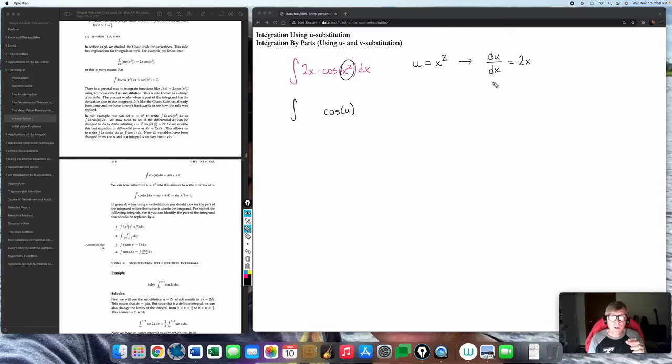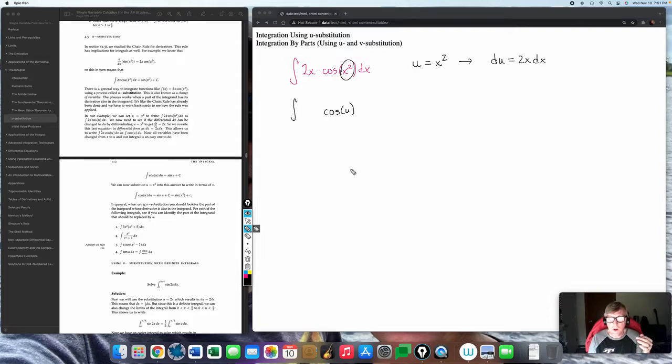But what's customary in integrals is not to write it like this. Instead, we write du by itself. We write what's called the differential form, for you ultra math geeks out there: du, and we take the dx and multiply it by the 2x. So we say du is 2x dx.